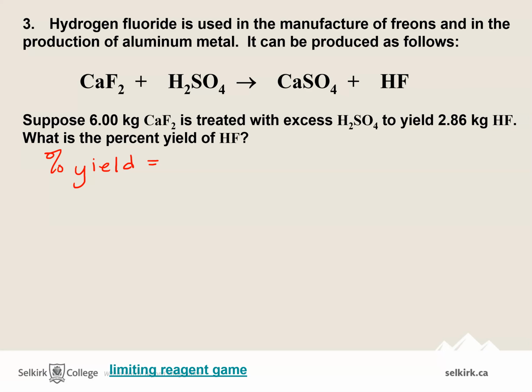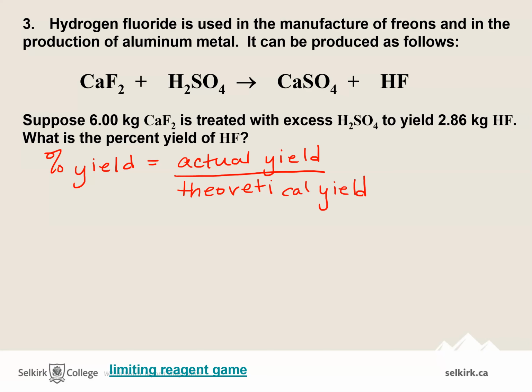So what we say is the percent yield is the actual yield, how much you actually got, divided by the theoretical yield, which is the most you could have gotten, multiplied by 100%. Now again, some people memorize the words actual yield and theoretical yield in high school, and they don't know what they mean.